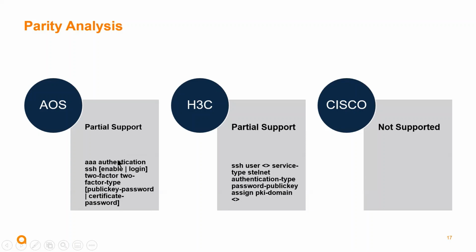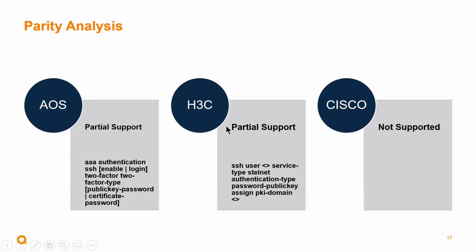Apart from that, there is no decoupling of authentication and authorization. Both authentication and authorization sources should be the same for this AOS box. Hence, it's not an exact replica of how our CX switches implement the remote-only feature. Here, two-factor authentication is supported, but it has been designed differently.